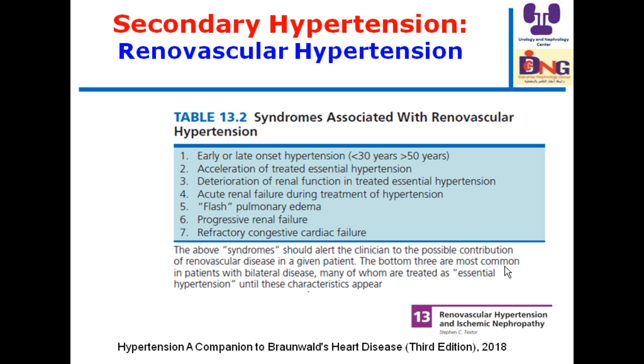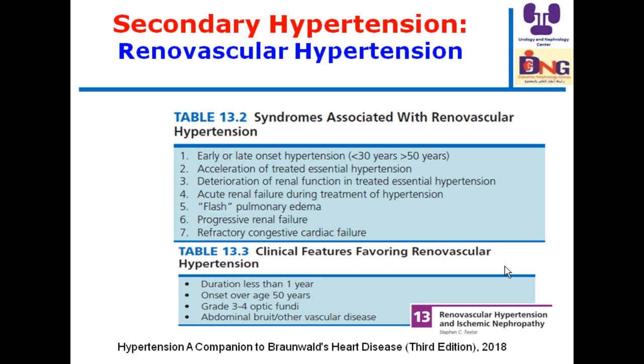All these parameters are known for renovascular hypertension. And if we want to summarize them: duration less than 1 year, onset over age 50, grade 3 to 4 optic fundi, abdominal bruit. These are the clinical features favoring renovascular hypertension. Look at syndromes and look at the association.